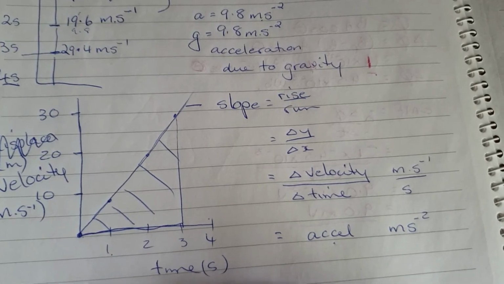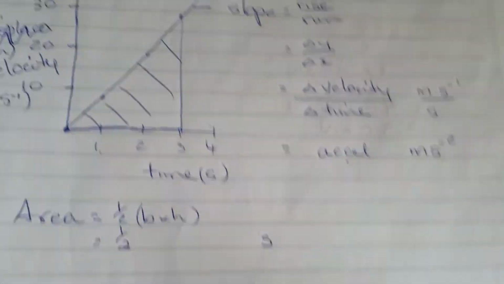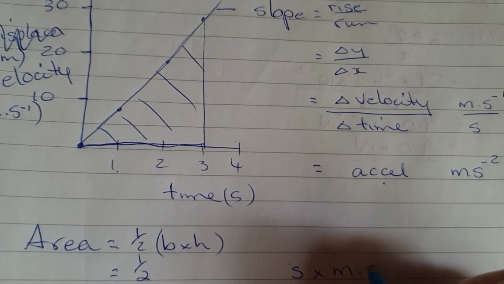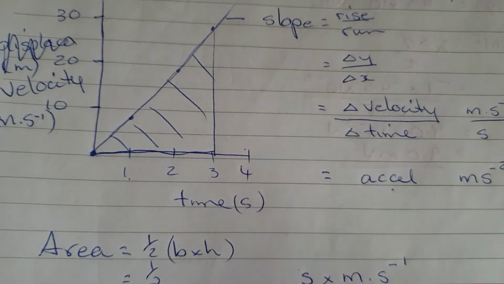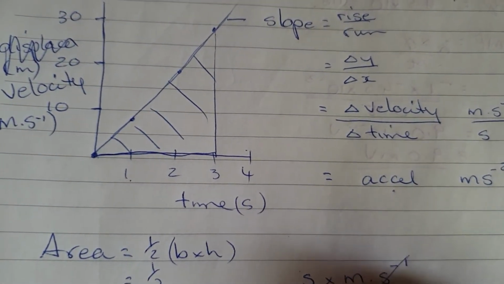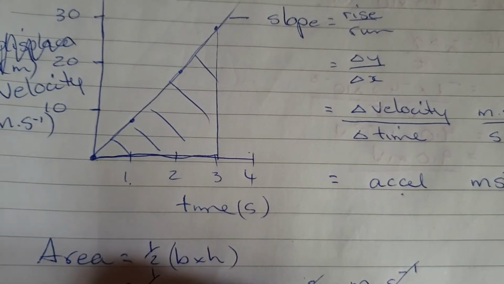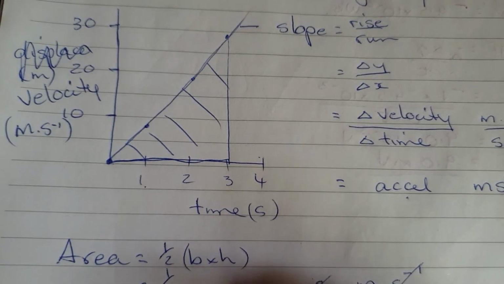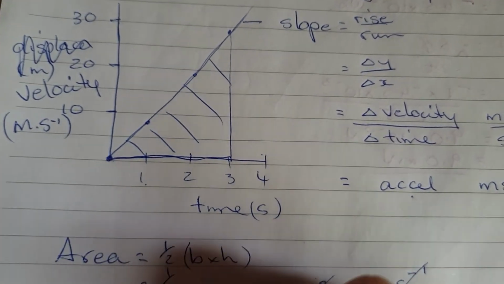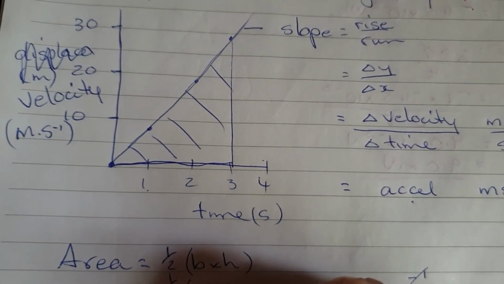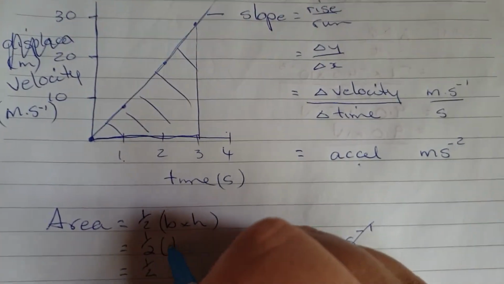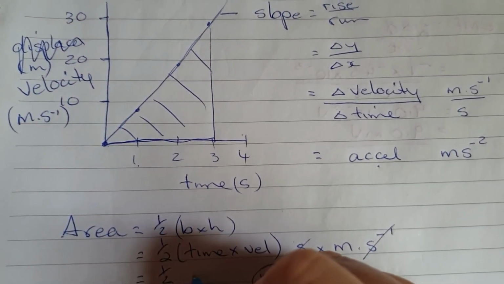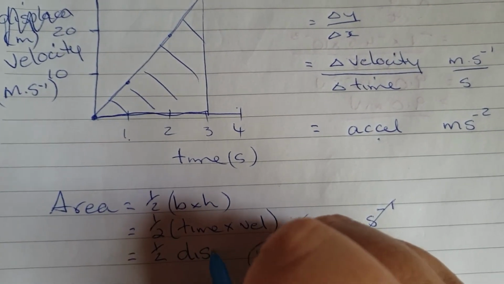Base is seconds, and the height is meters per second. So the seconds are going to cancel, and we're going to have meters. Whatever the base was, what is it? Time by velocity. And we're going to end up with displacement.